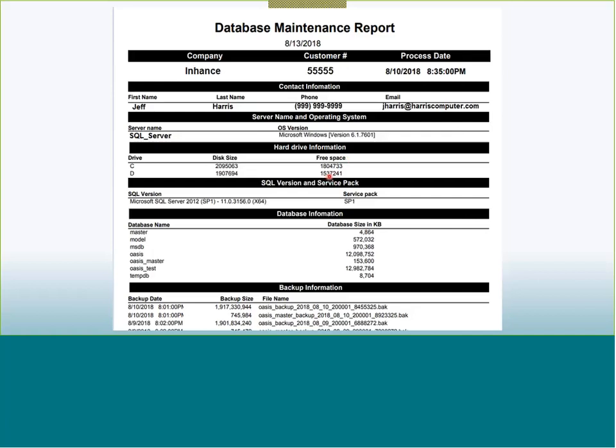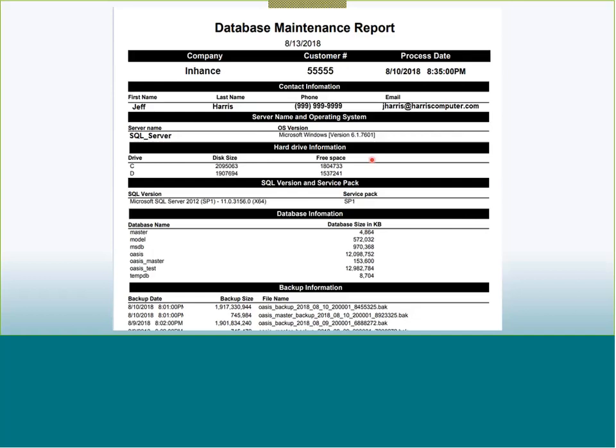You may be wondering, what number is that? That number is actually in megabytes. So you kind of have to convert it in your head. The report, honestly, could be a little bit cleaner.